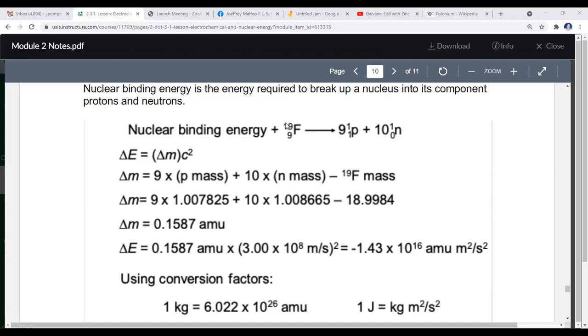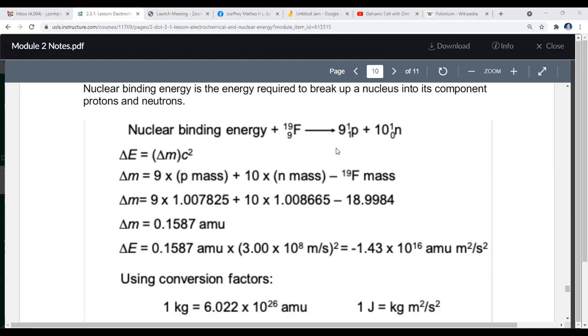Take note, class, that since your fluorine atom has only 1 here on this side, this is only 1. But since you have 9 and 10 for the protons and the neutrons respectively, their masses should be multiplied by these coefficients that appear on the left side of their symbols, as written in the nuclear reaction.